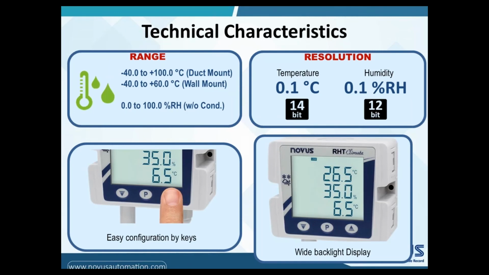The resolution for both measured variables is better than a decimal of its engineering unit. Temperature has 14 bits and 0.1 degree increments. Humidity has 12 bits and 0.1% of relative humidity.